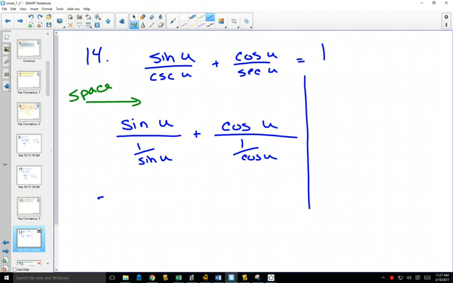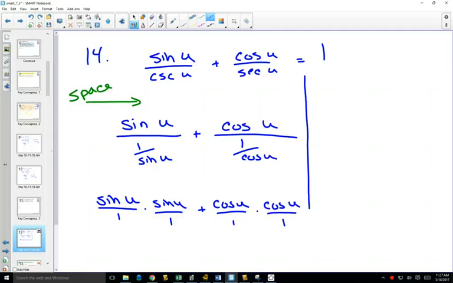Multiply by the reciprocal. Can you see that the top of my fraction is just sine u over 1? And if I multiply by the reciprocal, I'm going to multiply by sine u over 1. Plus, same thing here, top is cos u over 1, multiply by the reciprocal, cos u over 1.